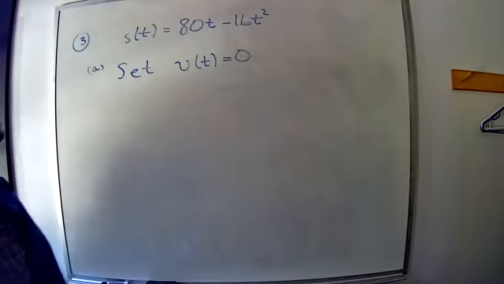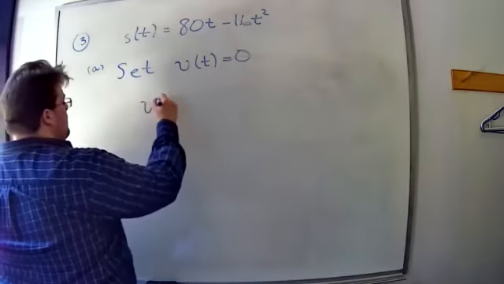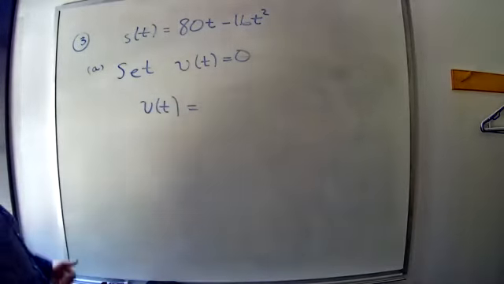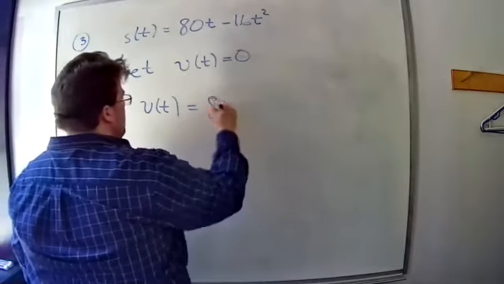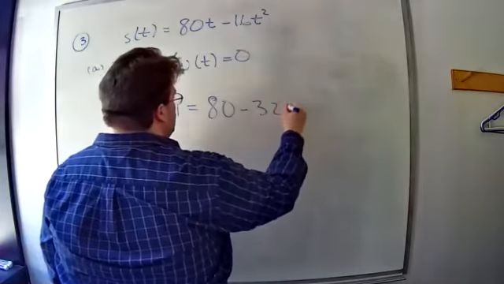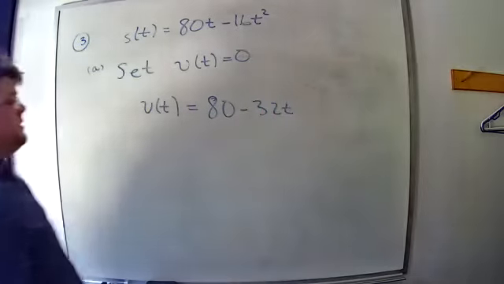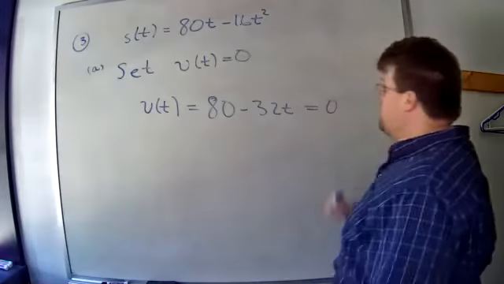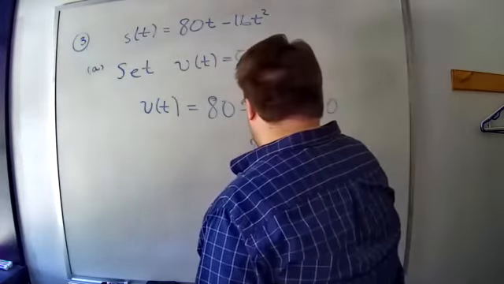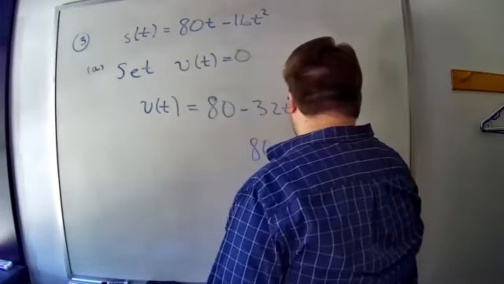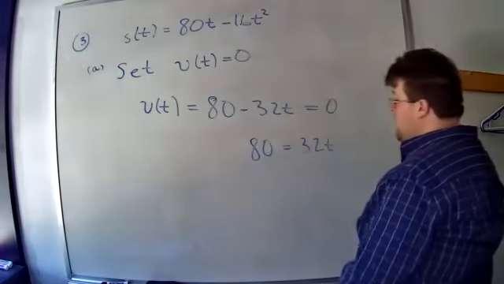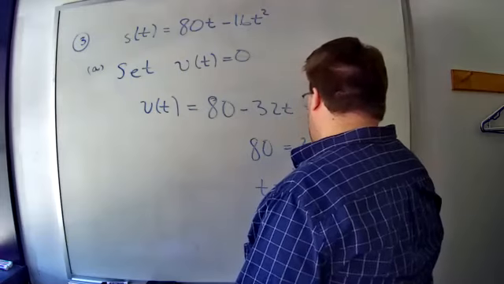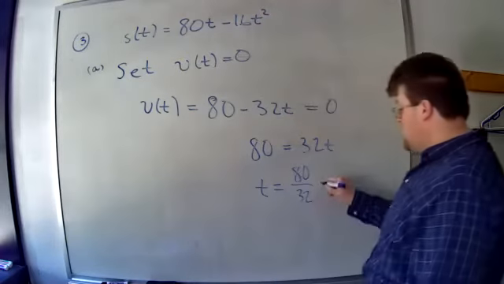Set velocity equals 0. Well, I don't see a velocity function anywhere. So we need a velocity function, which remember is given by derivative of position, 80 minus 32t. 16 times 2 is 32. Set this equal to 0. What do we get? 80 equals 32t. Divide by 32. You get t equals 80 over 32, which is what?